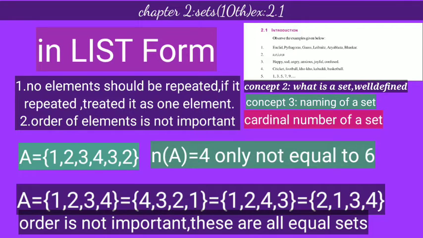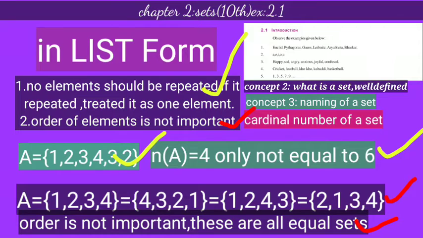It gives the same set, with the elements only changed in order. So while writing the list form of a set, we have to remember two things: no object should be repeated, and the order of elements is immaterial.